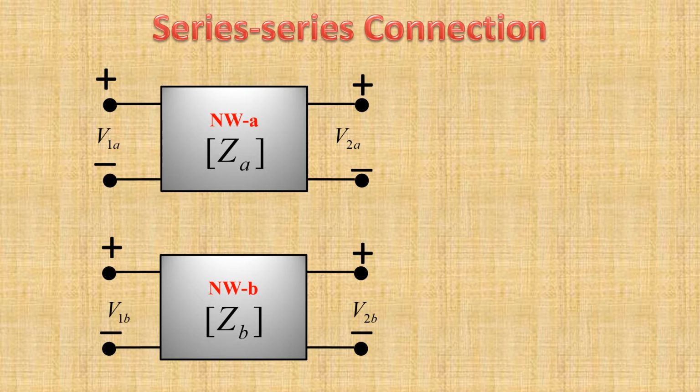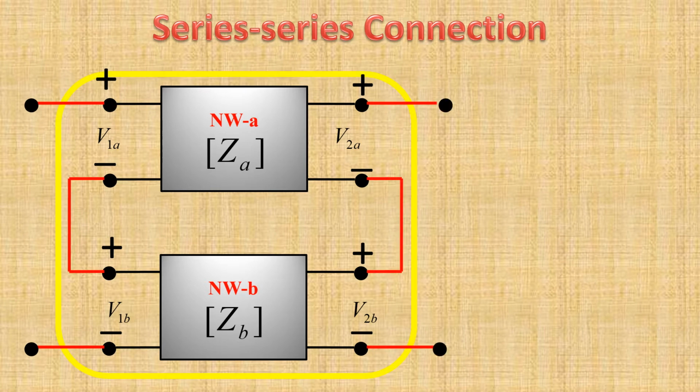Let us connect the input ports in series and also the output ports in series. Let the input and output port voltages of the combined network be V1 and V2. The input port and output port currents of the combined network are I1 and I2 respectively.